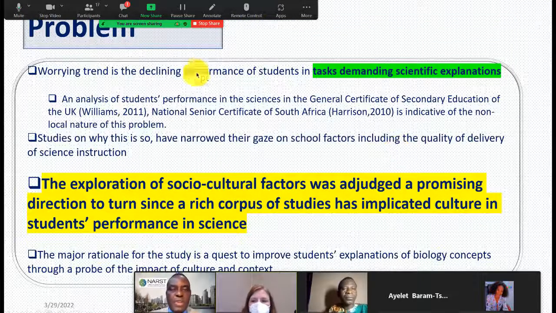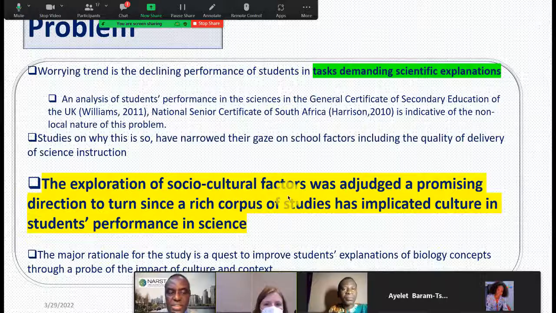And the same has been found to be true in the UK and in South Africa about the students being able to offer explanations. So we conjectured that there could be some socio-cultural factors that can account for students not being able to do well in that explanation bit of biology.